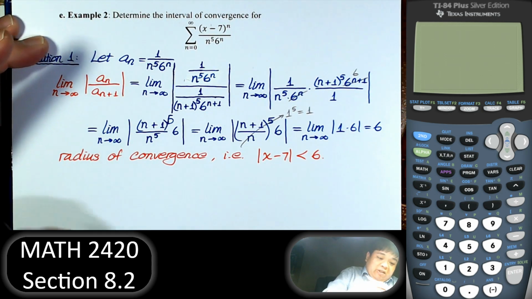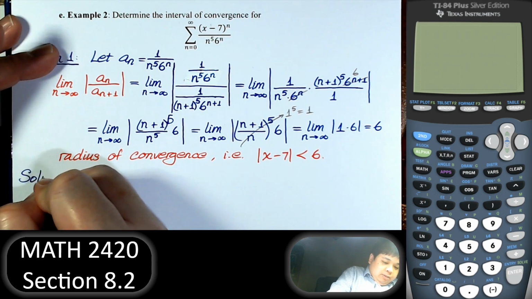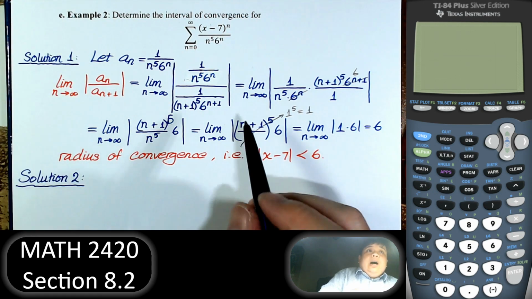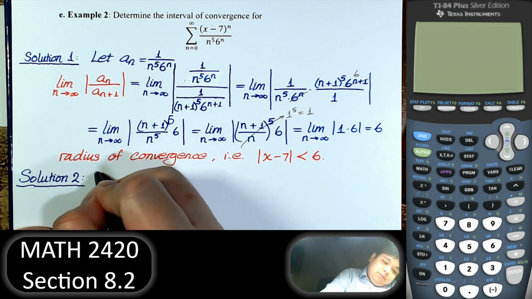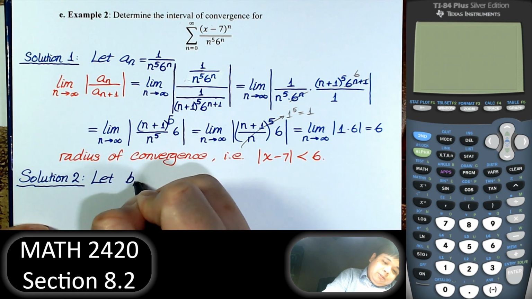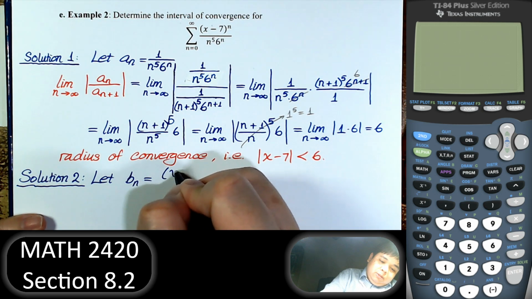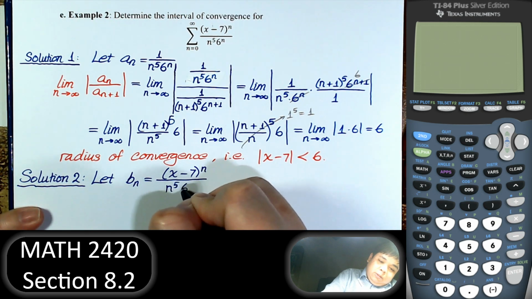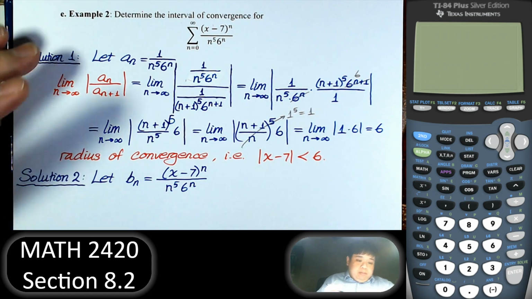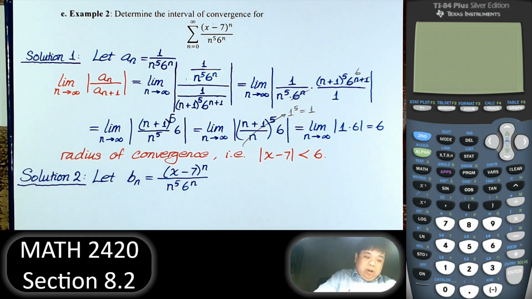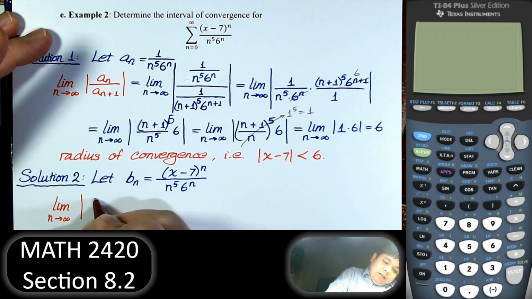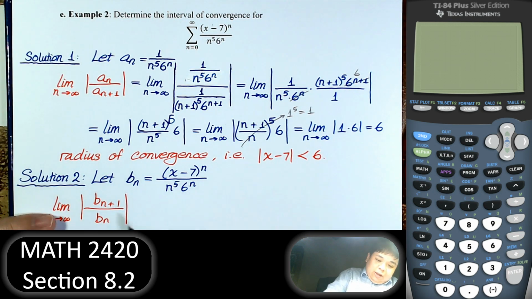Now, if I use the b sub n, if we let b sub n include the power term, and we take the whole thing, including the power term, it will be b sub n plus 1 over b sub n. Right.